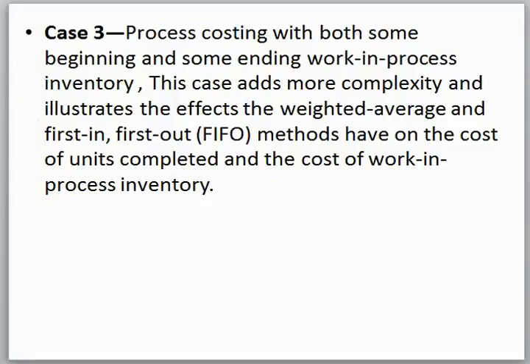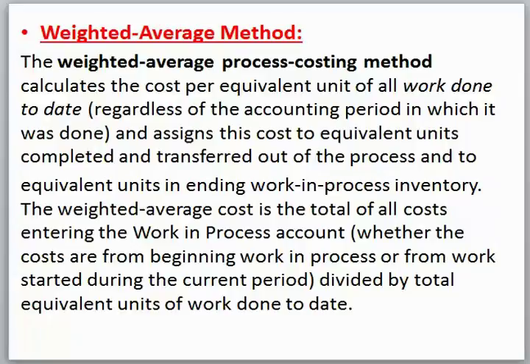In case number 3, there is beginning and ending work in process, and there are 2 methods to calculate the cost: the weighted average method and the first in, first out, or FIFO, method.